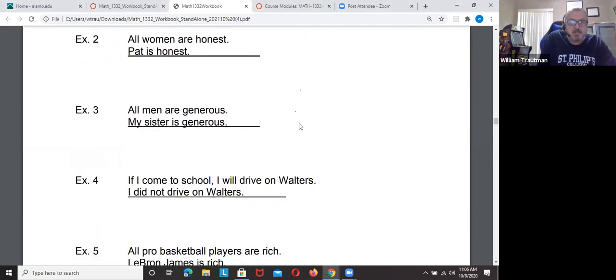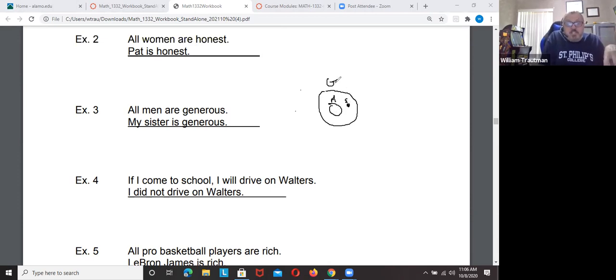Okay, so all men are generous. So once again, here's generous. I'm putting men inside there. My sister is generous. Now, would you agree my sister does not go into the men's category? But my sister could go here because she's not a man, so she doesn't go inside the men's circle.